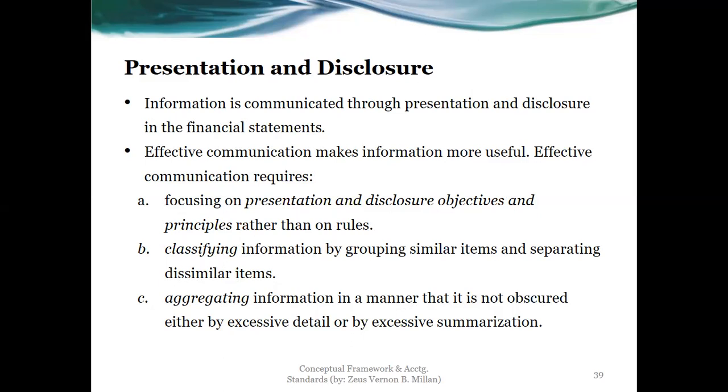That's excessive summarization, where a lot or the majority of the information is very summarized. And then some of the details are provided to the point that it is no longer readable. So in other words, there has to be a balance of details and summarization.